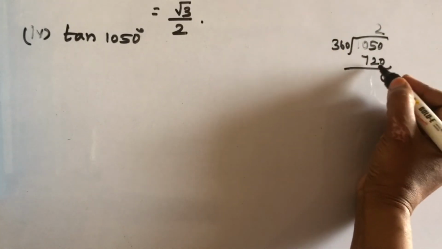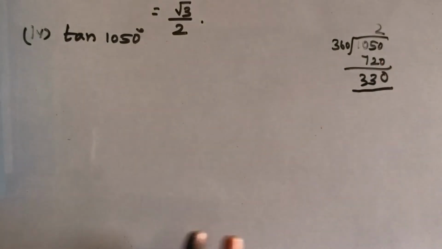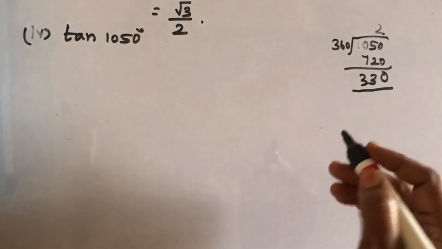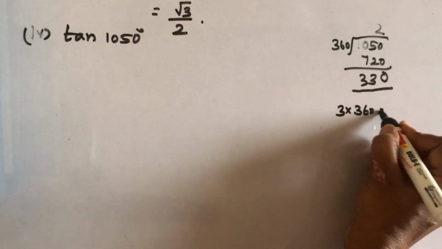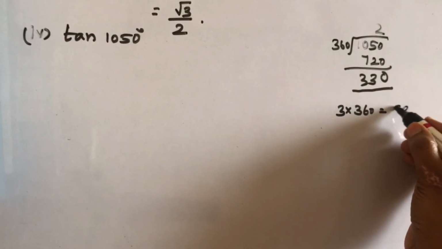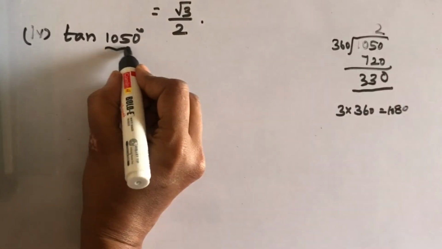So, 2 times 360 plus 330. If I write 3 times 360, 3 into 360 is equal to, what do you get? 1080. But here it is 1050.